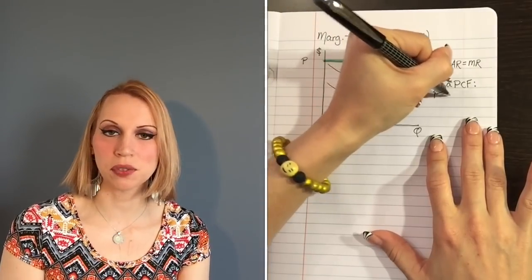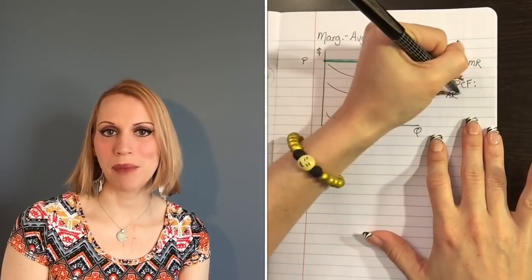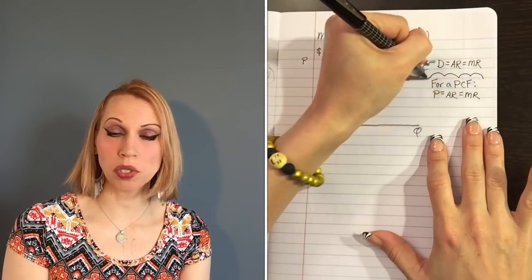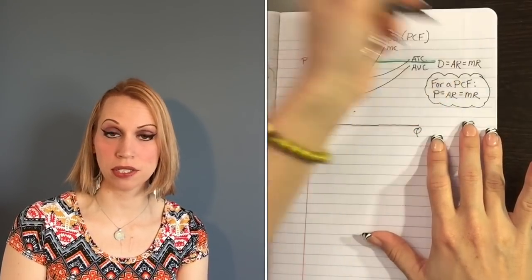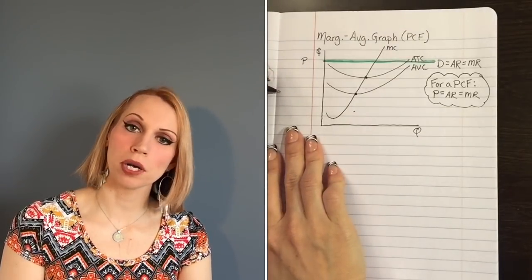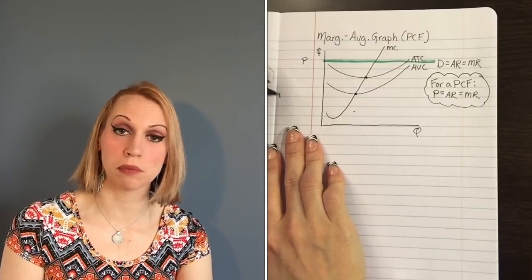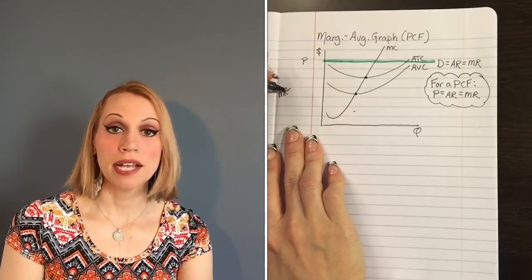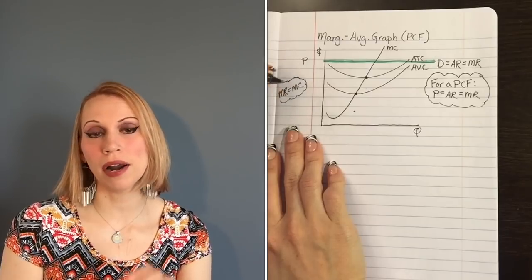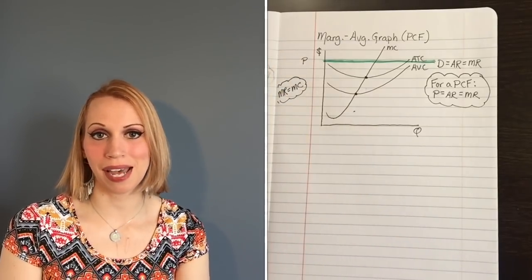Now let's read this graph at the profit maximizing output level. Remember our golden rule of profit maximization. Our total profit is always going to be highest when our marginal profit is 0, because marginal is the slope of total. And the only way to get your marginal profit to be 0 is for your MR and your MC to be the exact same number.